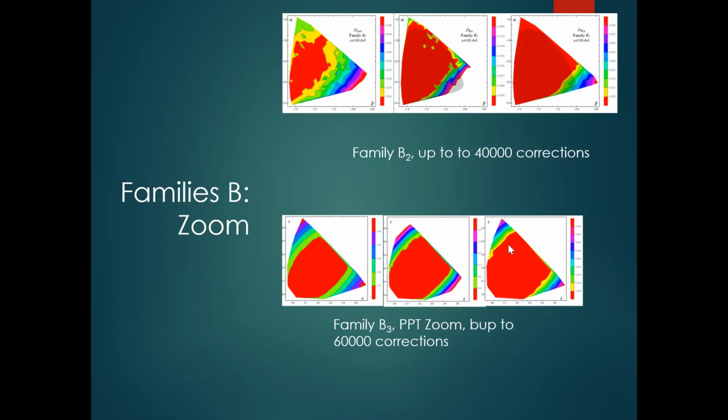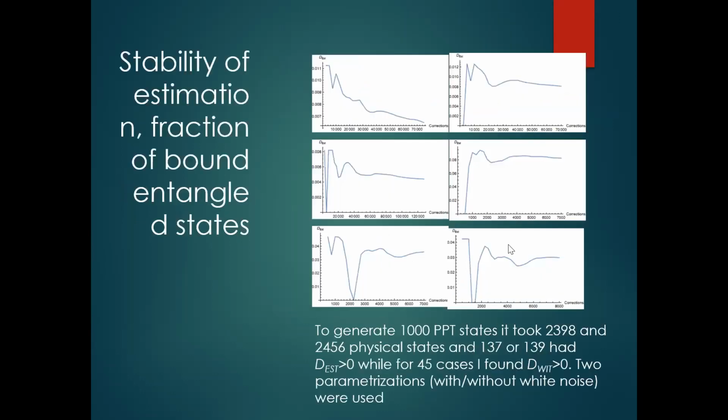Here you have a zoom of the PPT part of family D3, and this is the weakness distance graph, and here you can see that some points not detected by her methods are indeed confirmed to be entangled.